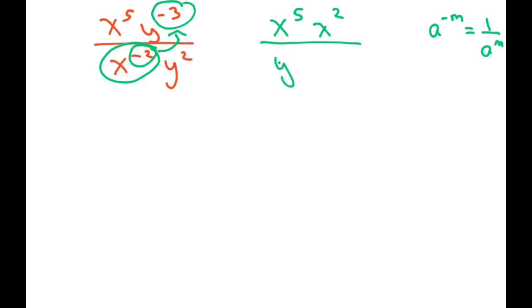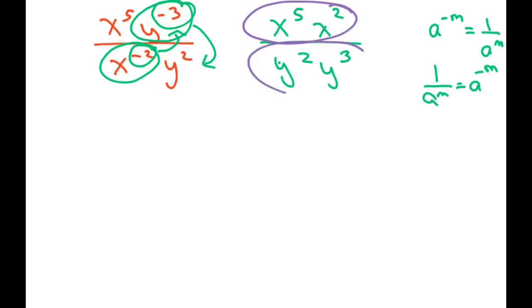I have y squared, but I'm going to move this y down here and make it y cubed. Because if you have 1 over a to the m, that's the same as a to the negative m. So anyway, when you use your product property, you just add these. So that's x to the 7th over y to the 5th.